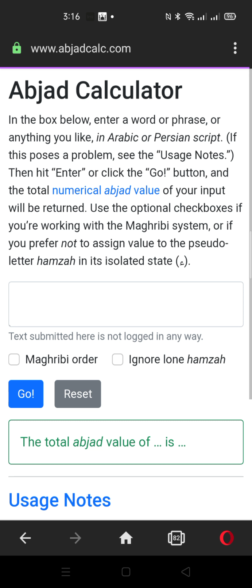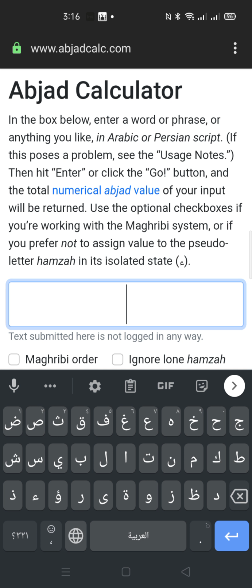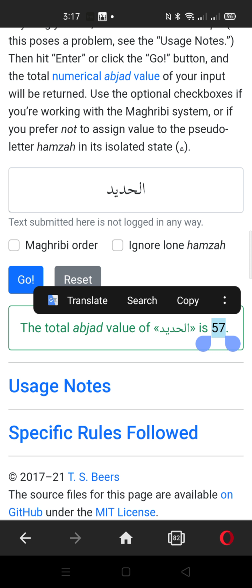Let's just go in here. And remember, I said to you that the Arabic word for iron is al hadid. Now, the numeral value of this word al hadid corresponds exactly to 57.